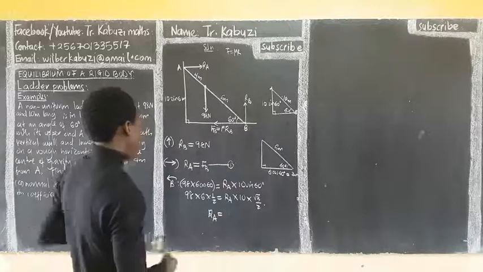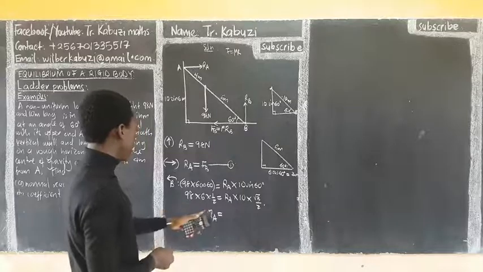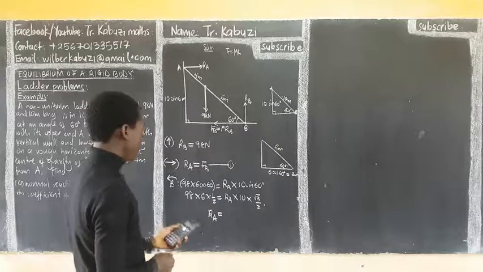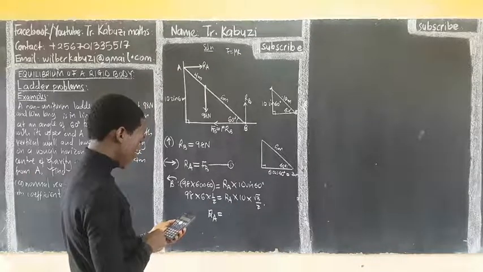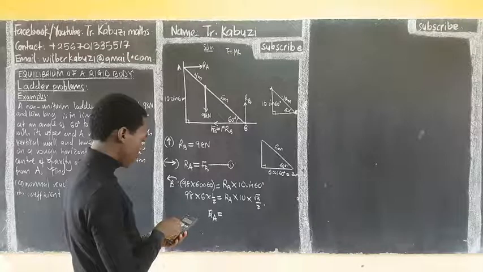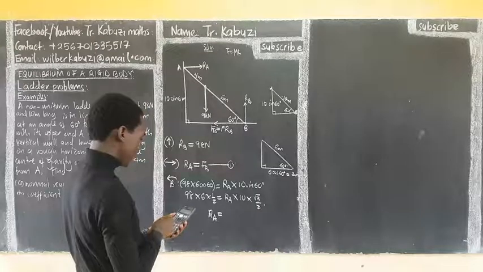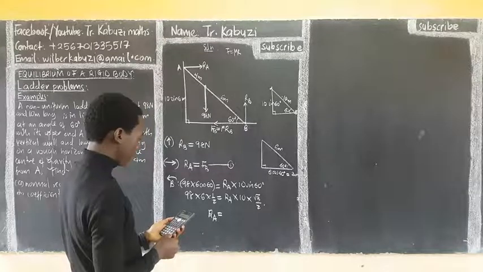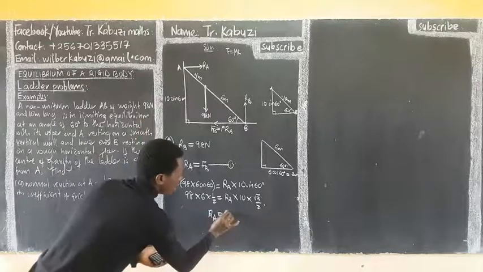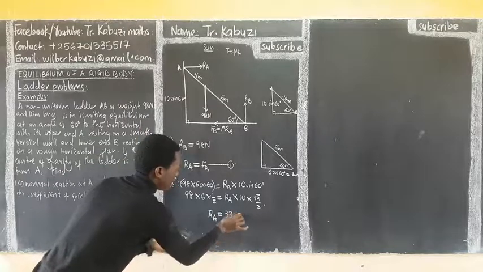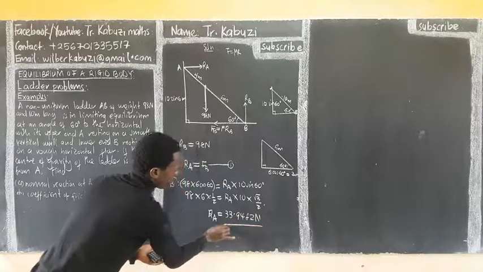So RA is going to be 9 times 3 over 10 times √3/2, which is 5√3. So the answer here is 33.9482. This is the reaction at A.